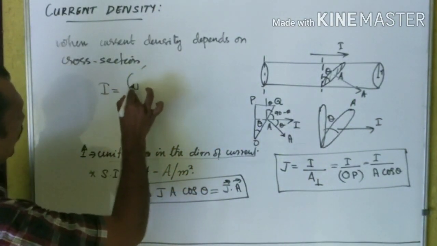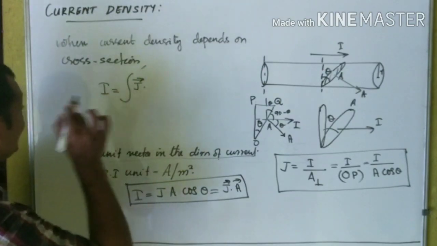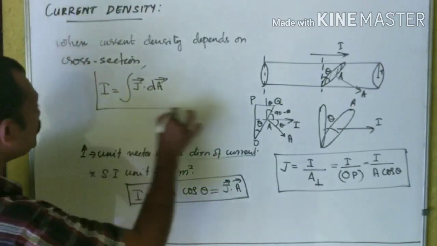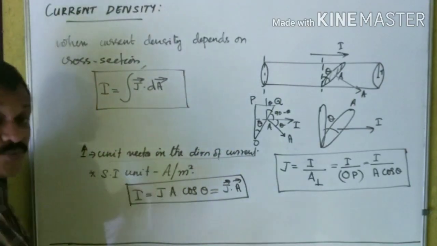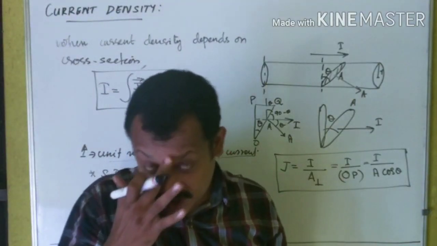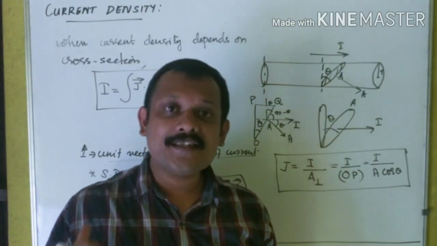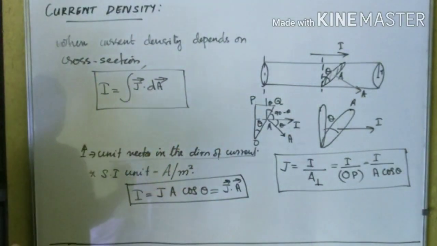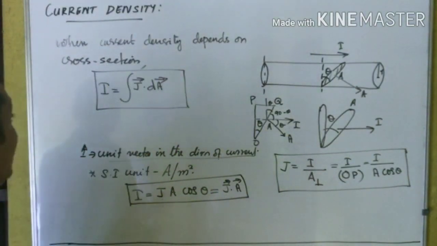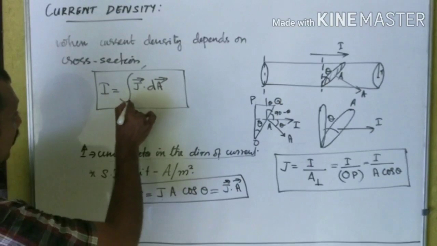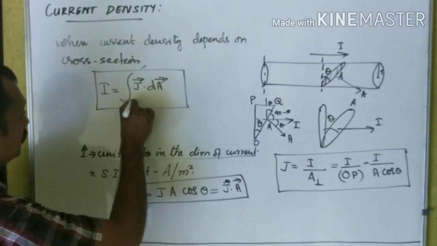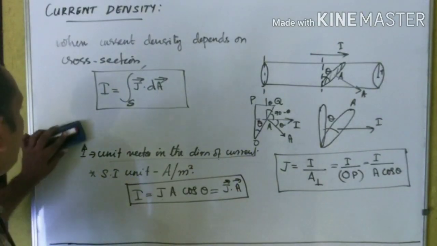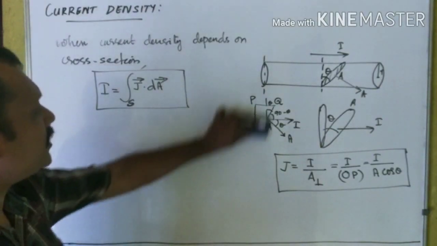In that case, current I is equal to integral of J dot dA. When current density varies from one cross section to another, in that situation we will write current I is equal to the integral of J dot dA, that is, a surface integral. Hope it is clear to you.